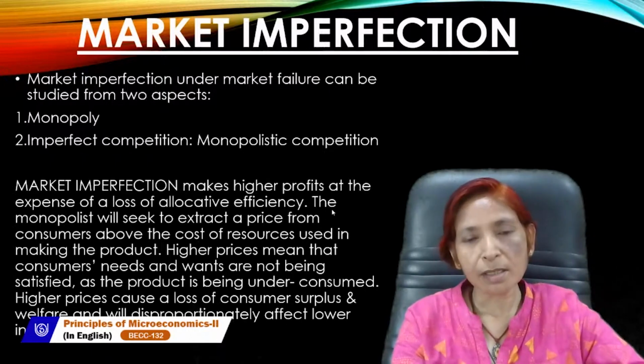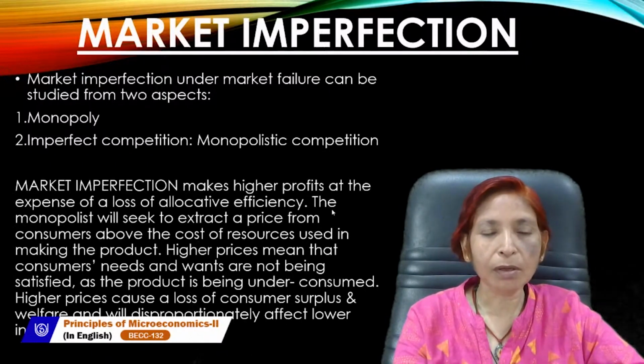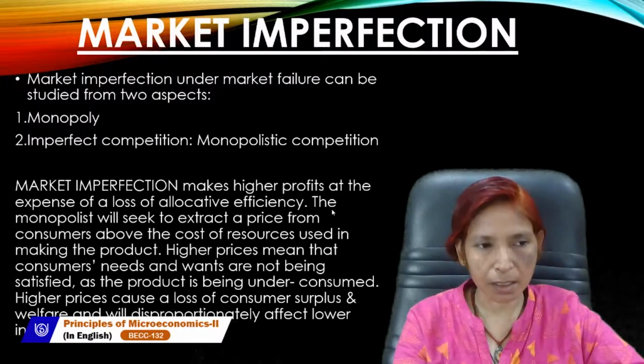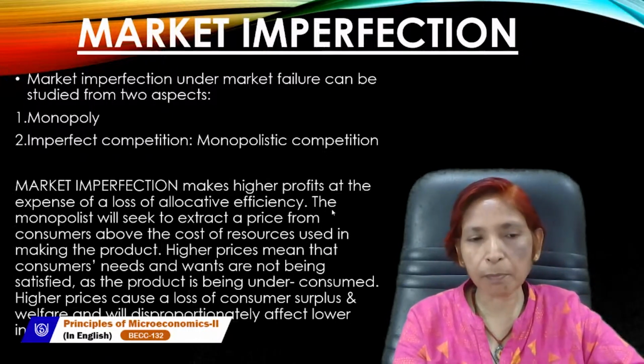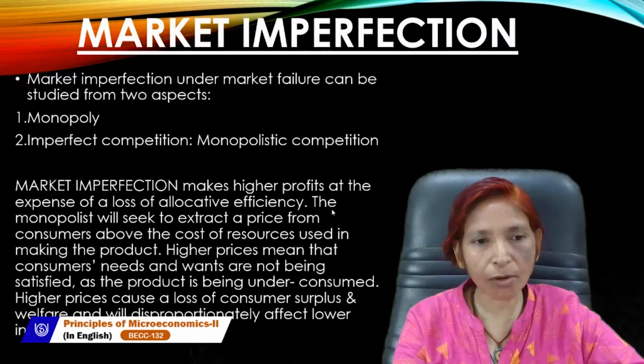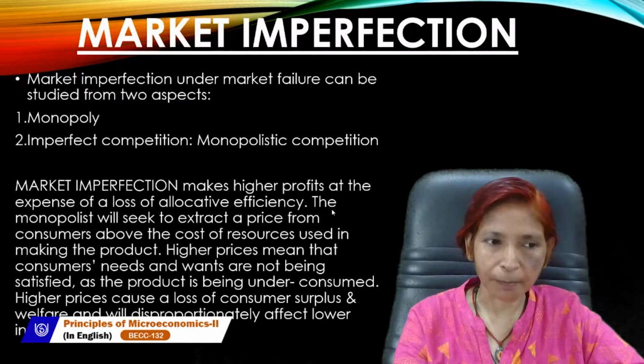When consumers suffer losses and the producer earns profit, the market will not be called a successful market. Market imperfection makes higher profit at the expense of a loss of allocative efficiency.